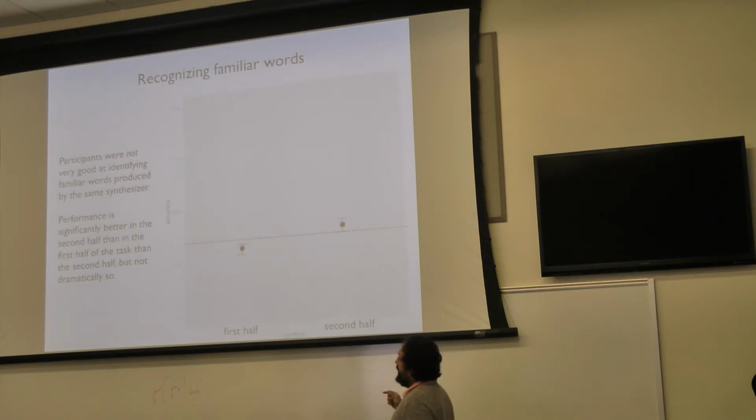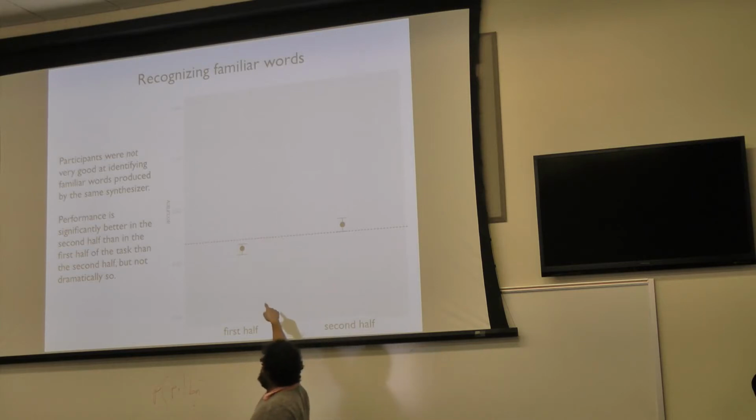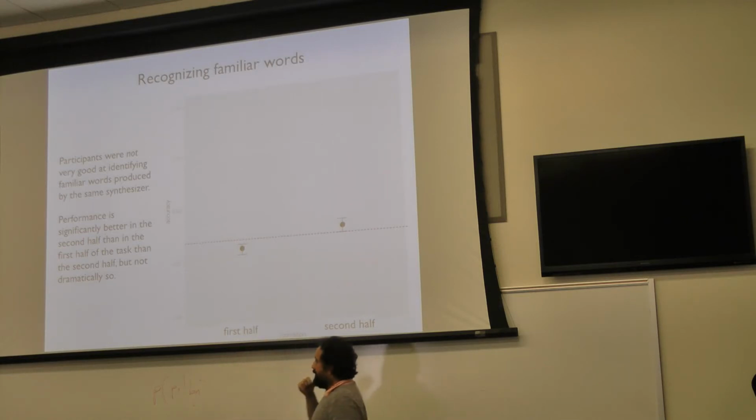And in fact, accuracy for monomorphemic, monosyllabic word recognition is about 30% in the first half of the stimuli. That's way, way better than chance because it's any monosyllabic word they can write down, right?